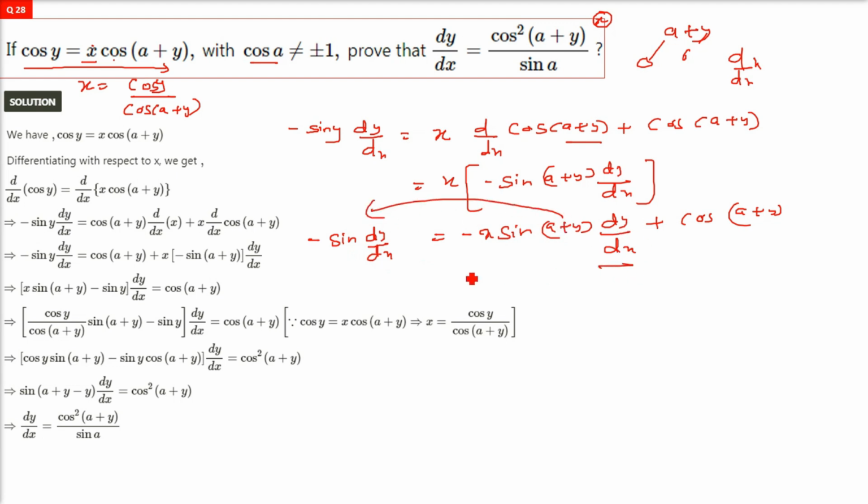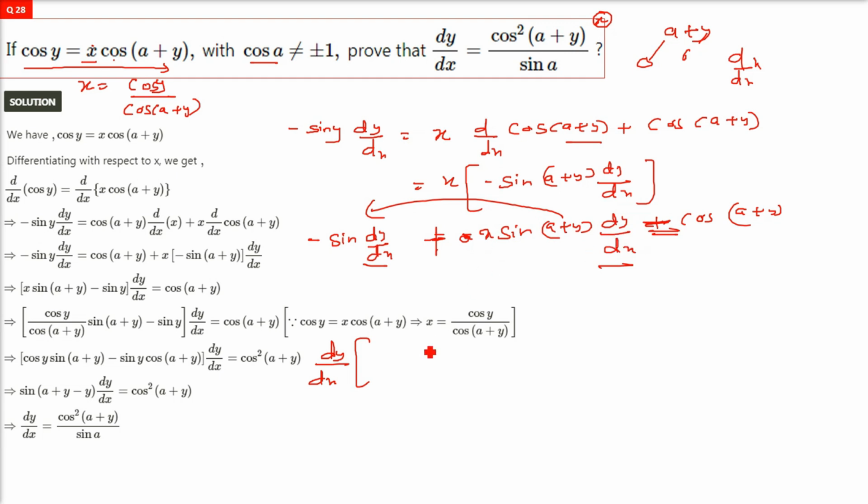We will combine the dy/dx terms together on one side. When I take dy/dx to the left hand side, it becomes positive.